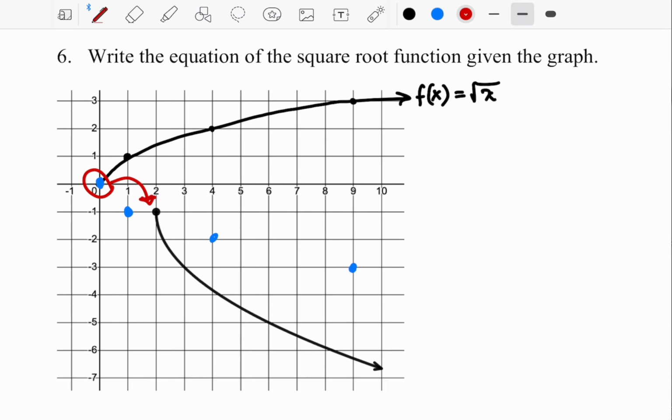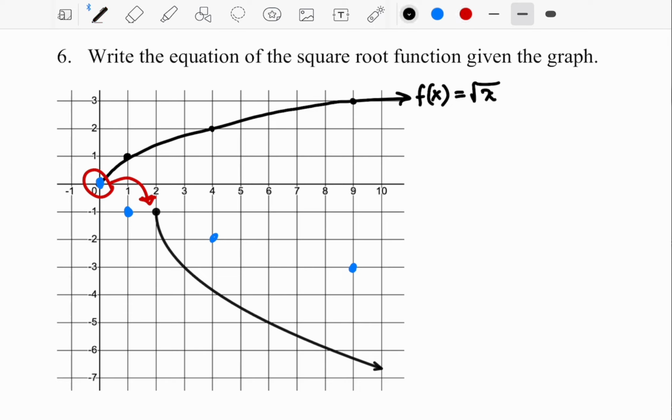Instead of having a point at the origin, that point needed to get over here somehow. So that looks like a shift. But the shape of it looks a little different. So I also have to think about not only the shape orientation, but whether or not there's a stretch. These points over here look much further away from the x-axis than these points. So I'm suspecting that there's a stretch involved. But let's take care of the h and k values first.